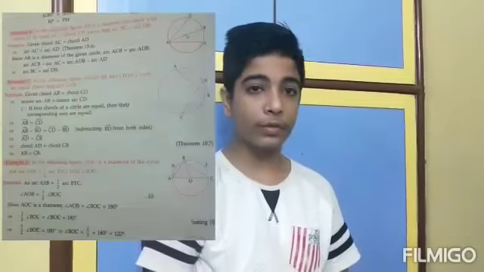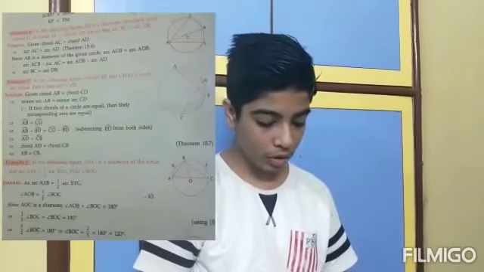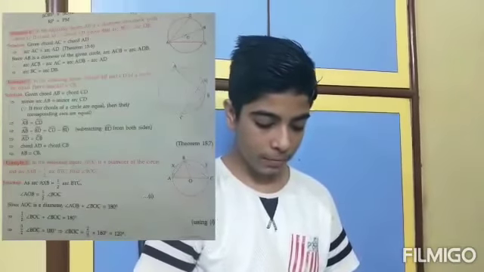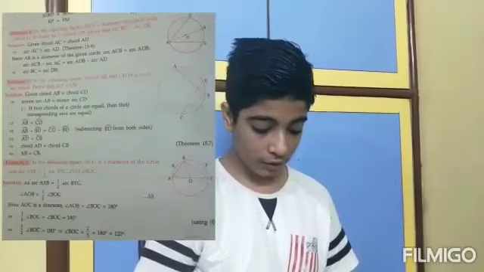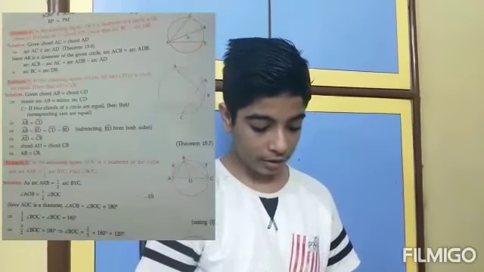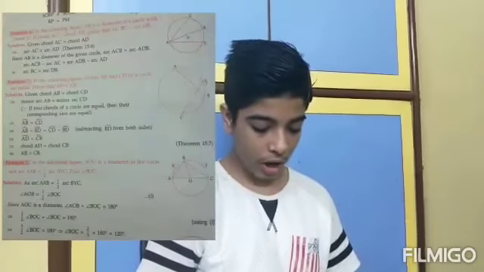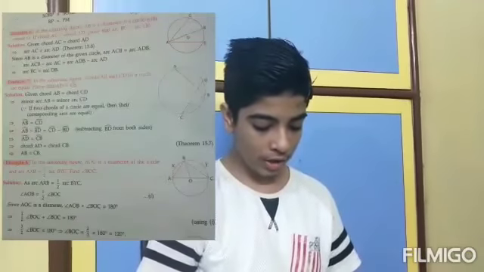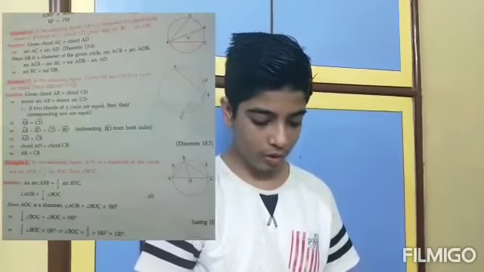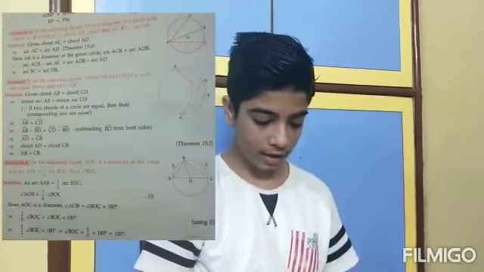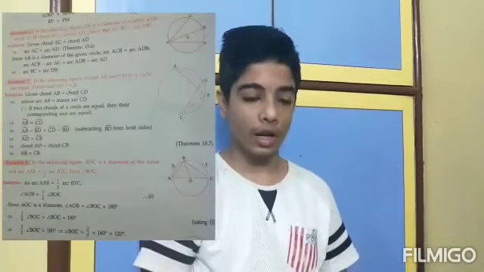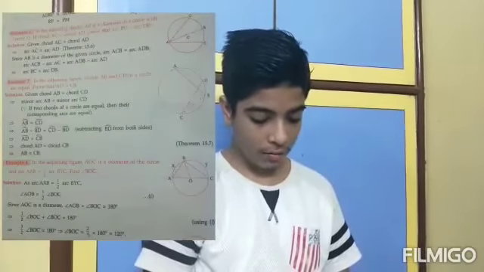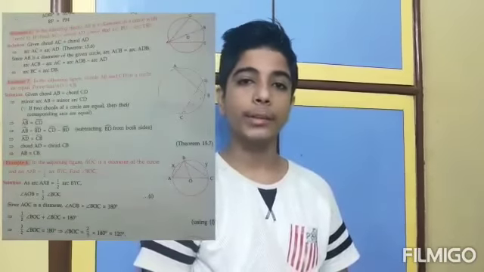So we subtract arc BD from both, and we gain arc AD is equal to arc CB. So chord AD is equal to chord CB, and we conclude with our answer.